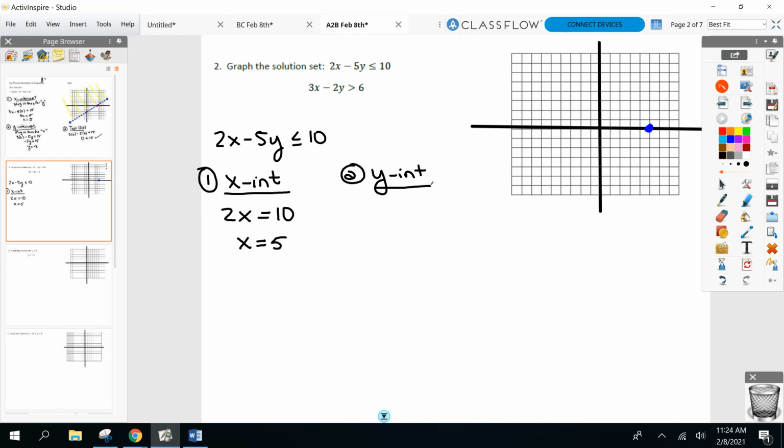Much easier here. So plug in 0 for x now to find your y-intercept. Always plug in 0 for the opposite variable. So what's that? Negative 5y equals 10. Y-intercept, negative 2.